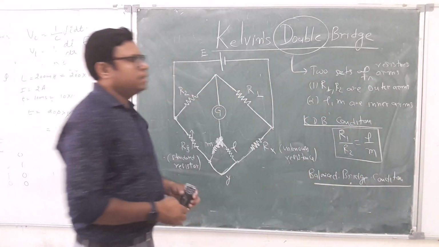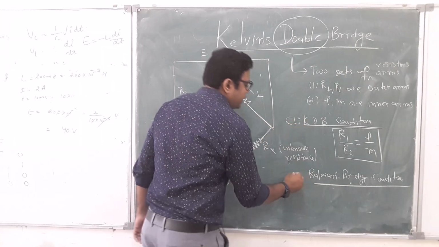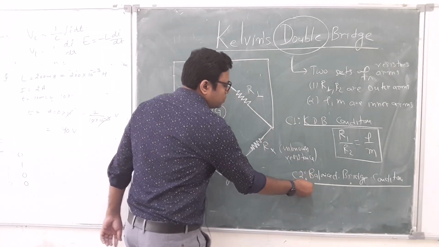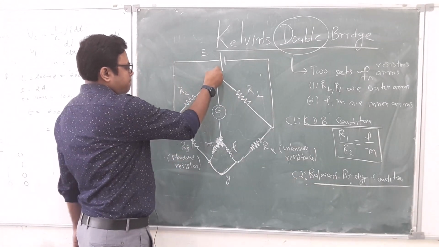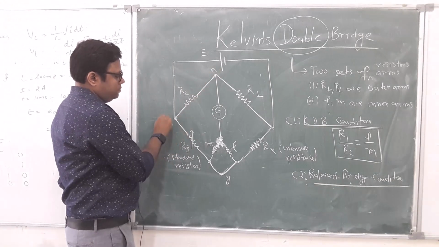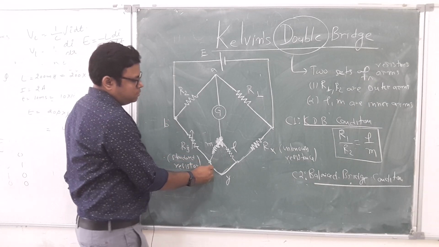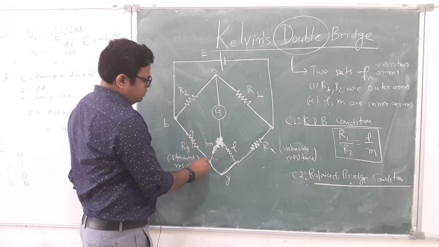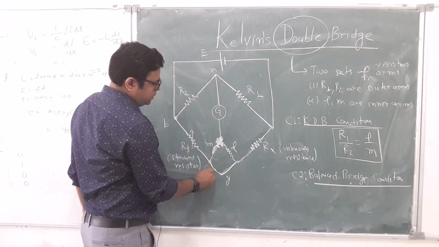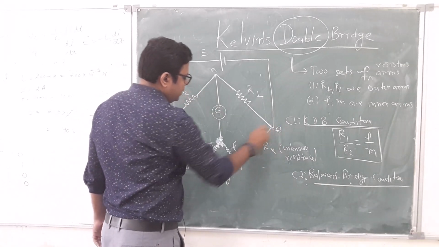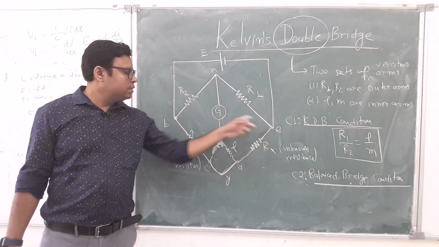Balanced bridge conditions. There are two conditions, condition 1 and condition 2. Under the balanced bridge, suppose I am marking the names A, B, C, D, E, and then F here.